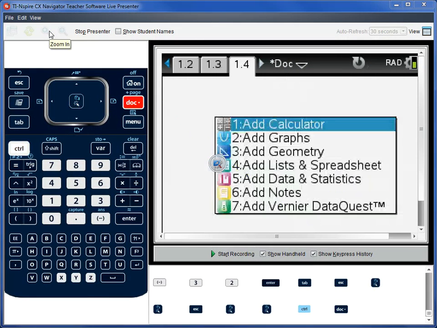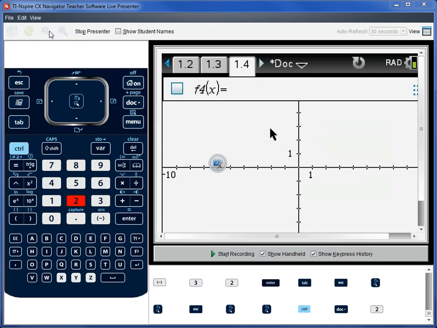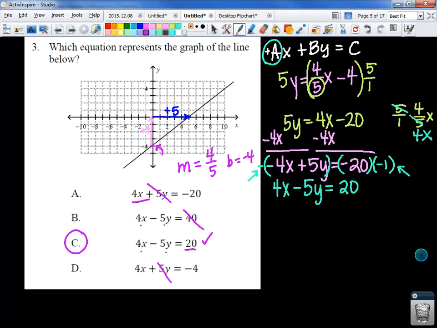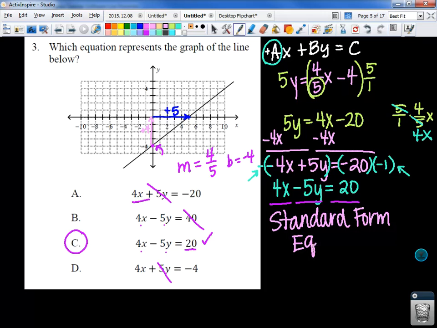So I'm going to add a new page to the document that I'm currently working in, a page for graphs. We're going to enter 4x minus 5y equals 20 as a standard form equation. Not as a function, just a standard form equation, which means we need to know the a, b, and c values.